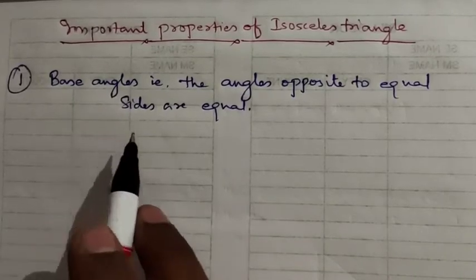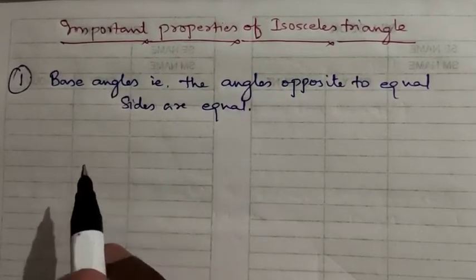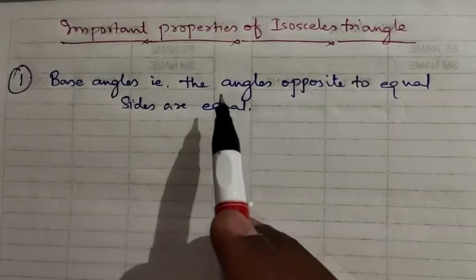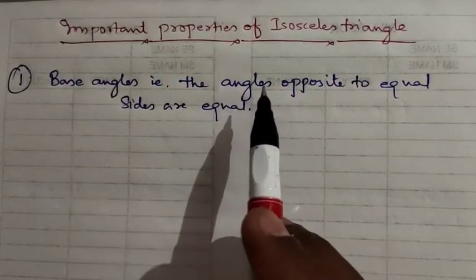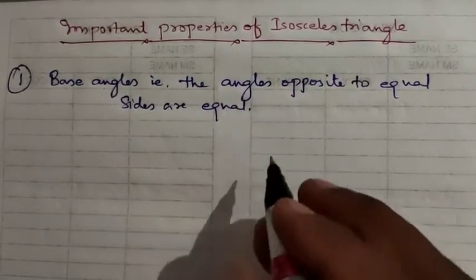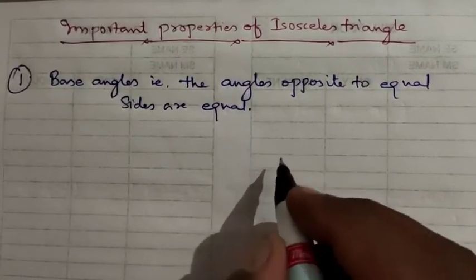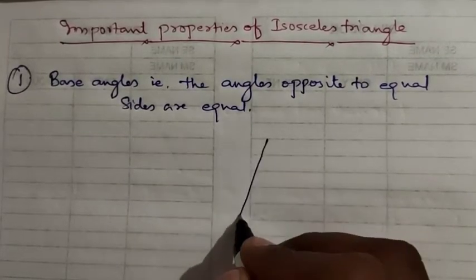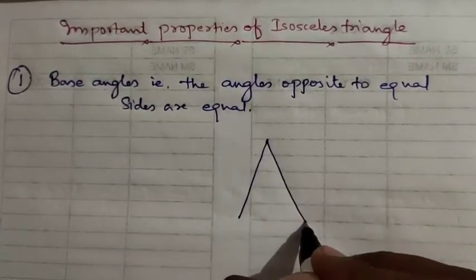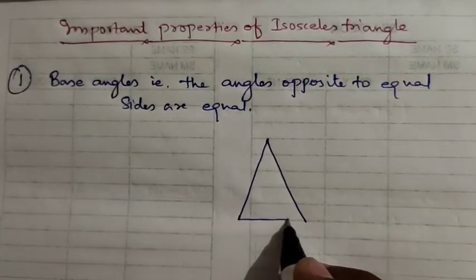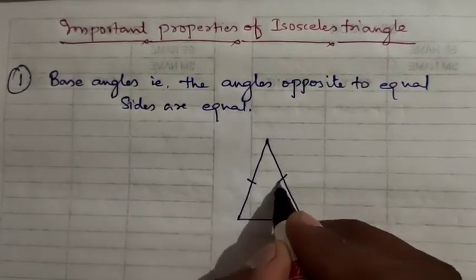And now we will learn which angles are called base angles. Those angles which are opposite to the equal sides are called base angles. It means, suppose I have drawn a triangle. Suppose this is an isosceles triangle. These 2 sides are equal.